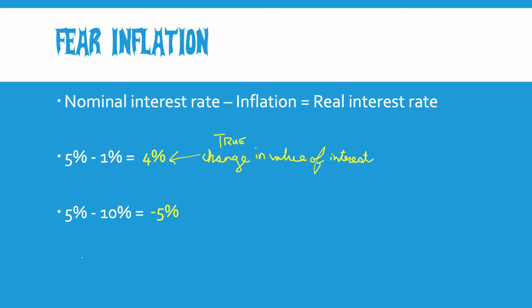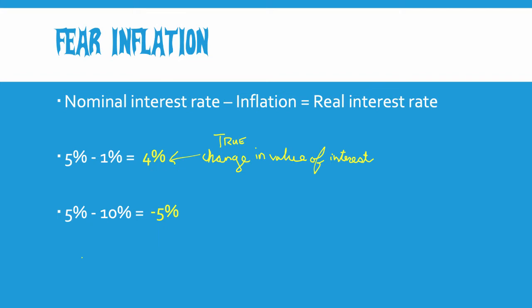This is something we talked very briefly about when we talked about hyperinflation. Basically, banks could not keep interest rates high enough because inflation was rising so quickly. And so nobody put their money in the bank to save it, because if they did, the value of that money when they take it out of the bank is worth less than when they put it in. They can't buy as much. So you've got to be careful about inflation.